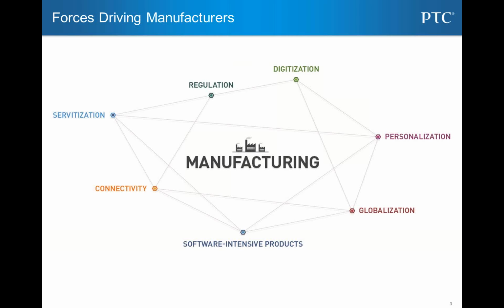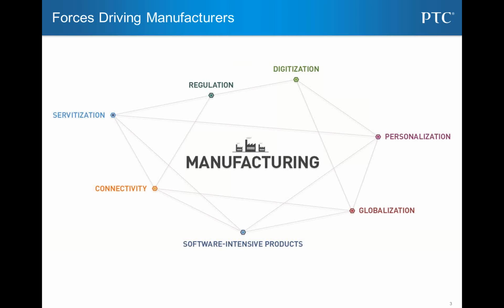With our most recent strategy, we're connecting those products so that we can actually manage them while they're in service. And finally, coupled with this is what we call servitization, where increasingly customers don't want to buy products anymore. They want to buy a service.